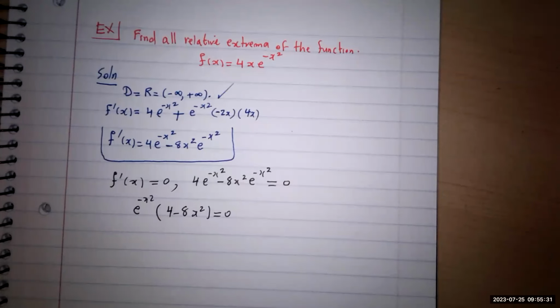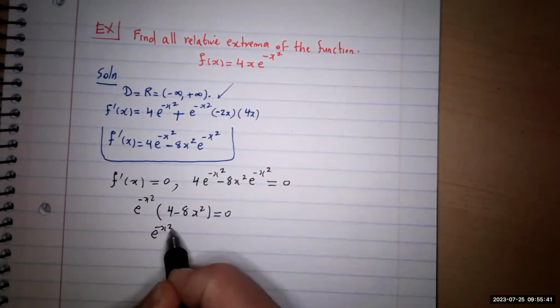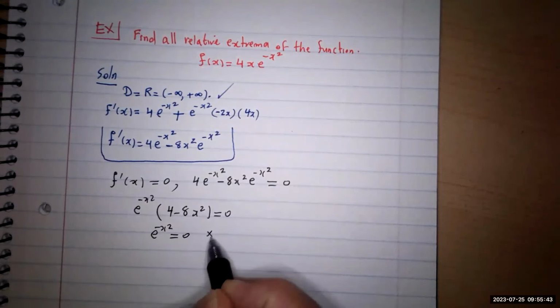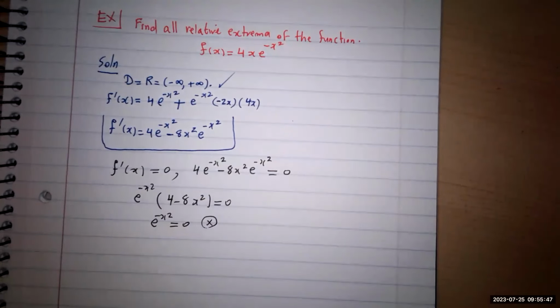Now that is interesting, because it's a product equal to 0: either the first one equals 0 or the second one equals 0. But e to the negative x squared equals 0 never, because we talked about it, exponential parts are never 0. E is 2.7, so you never make this one 0.